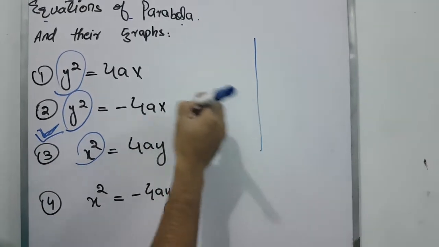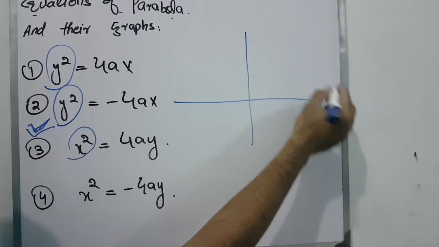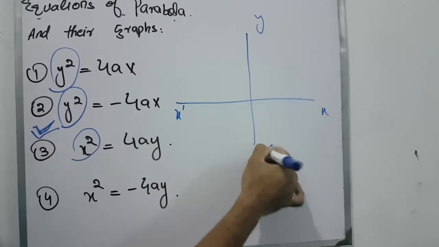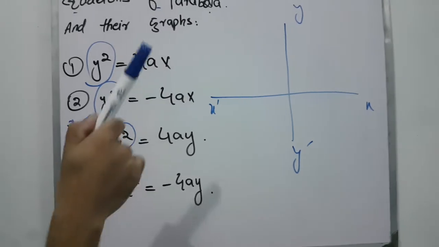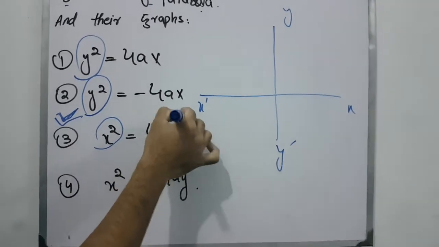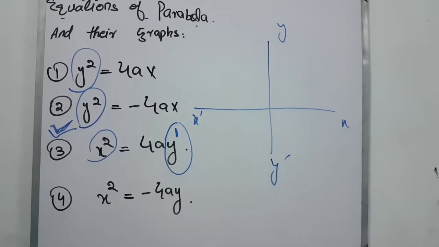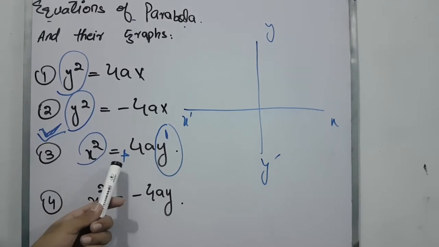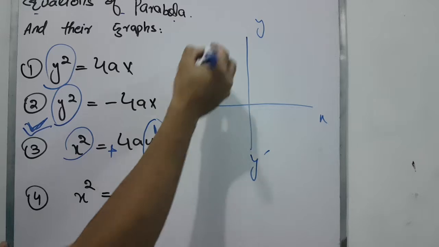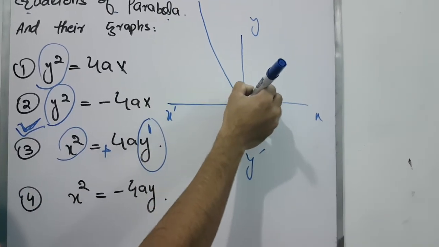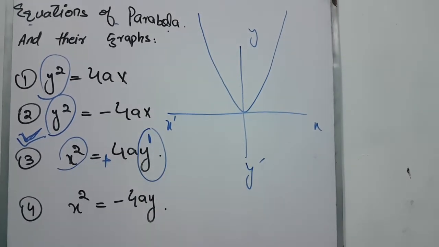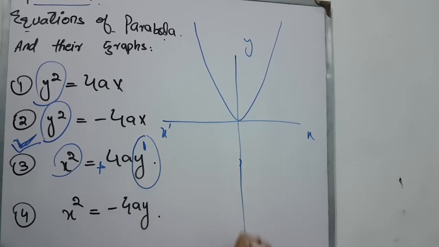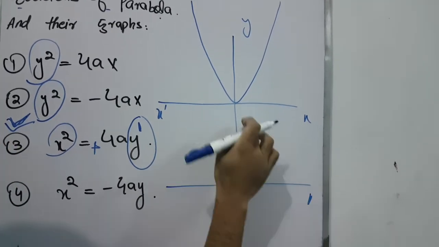As I said, the graph is drawn along the axis of the variable whose power is 1, and you must check whether the sign is positive or negative. Here the sign is positive, so the graph is sketched along the positive y-axis. I have drawn the equation number 4 graph right here.